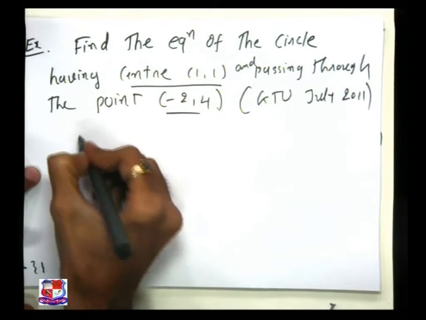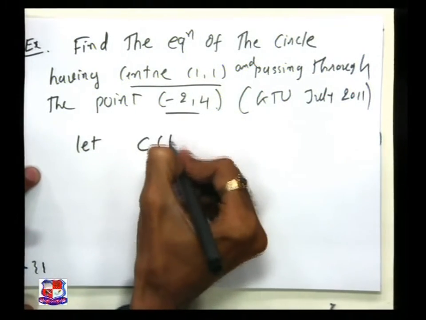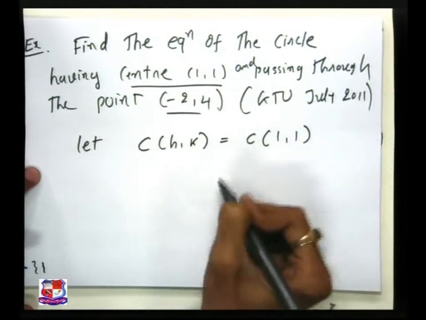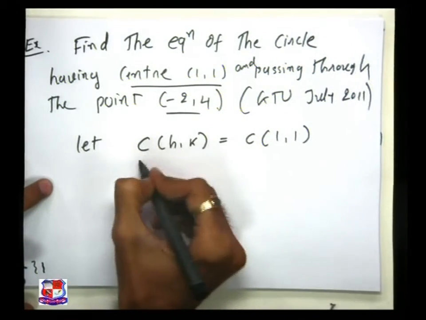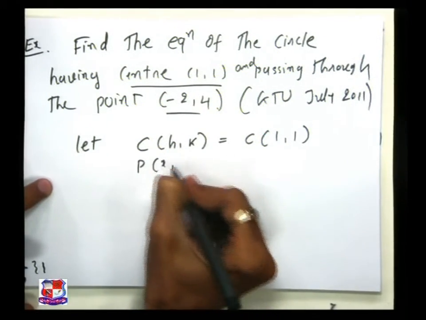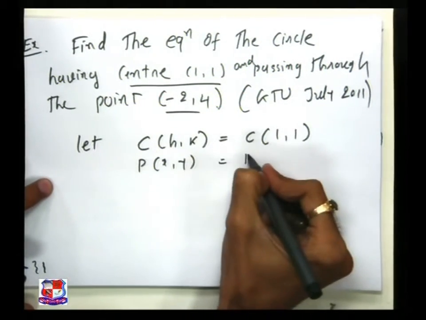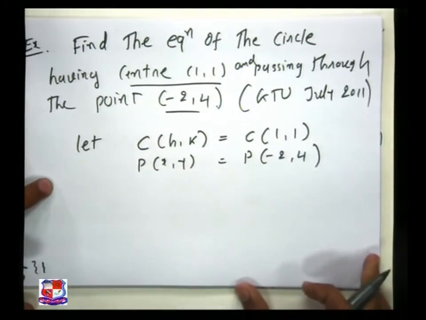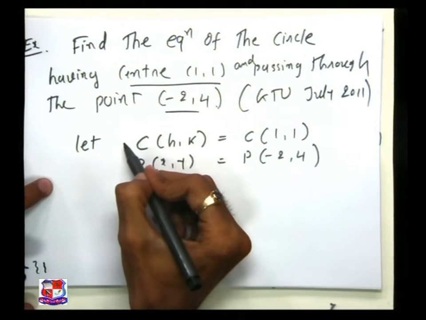Let the center C(h, k) be equal to C(1, 1), the center of the circle, and let the point P(x, y) be equal to P(-2, 4).